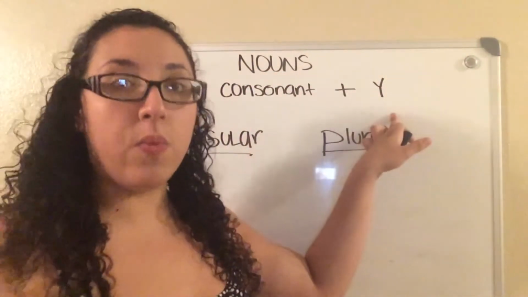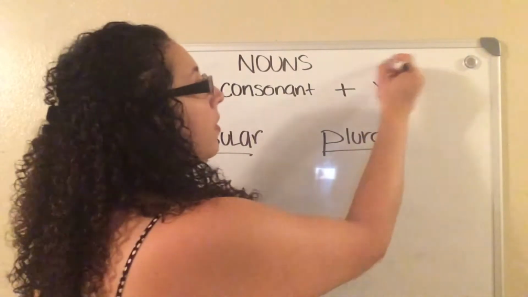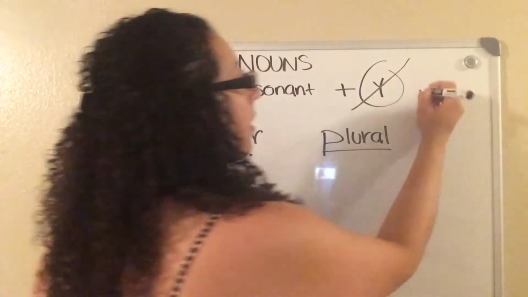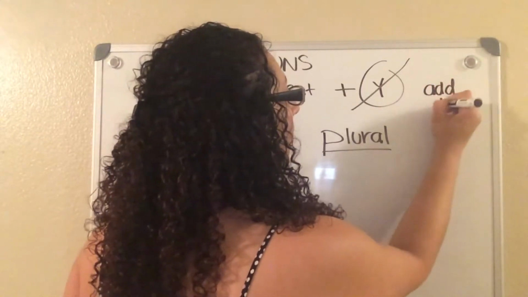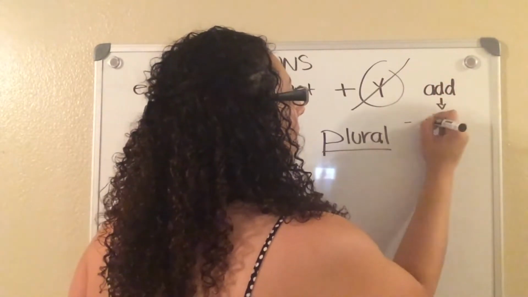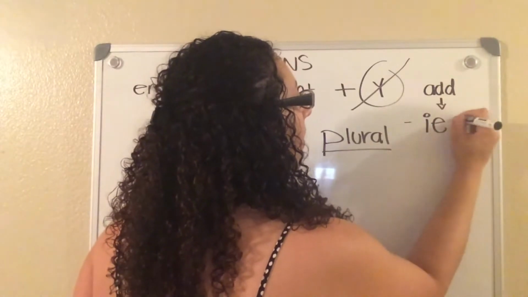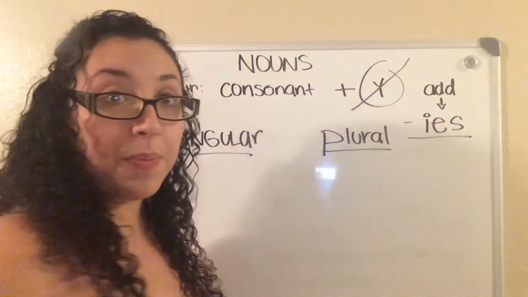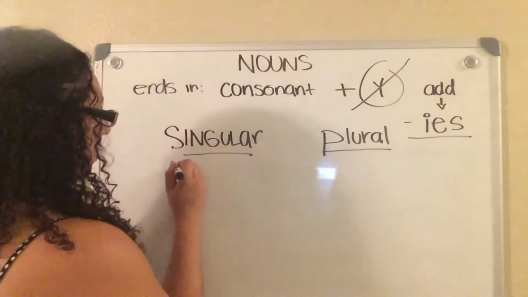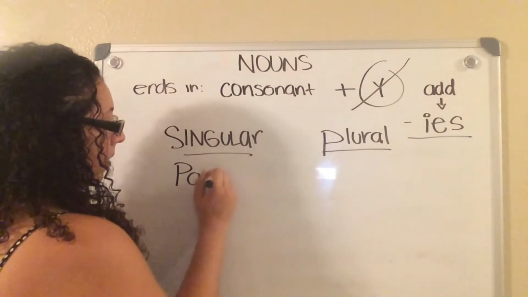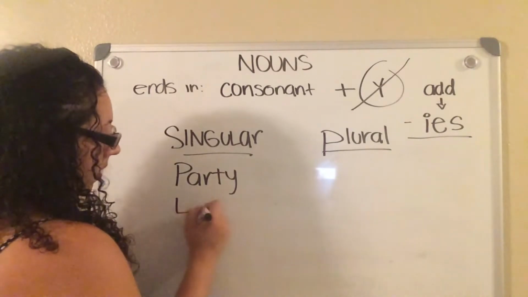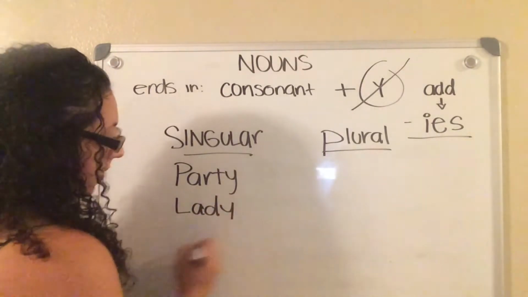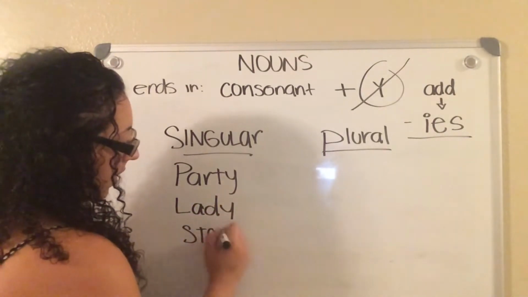Consonant plus letter Y, you would remove the letter Y and add IES. For example, party, lady, and story.